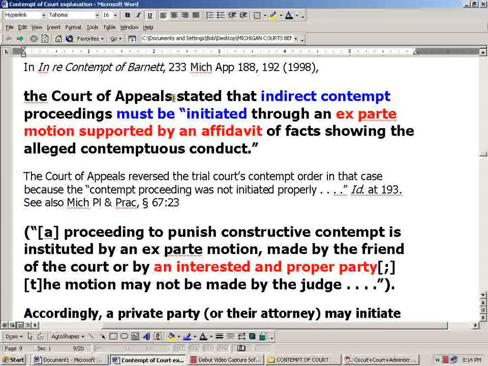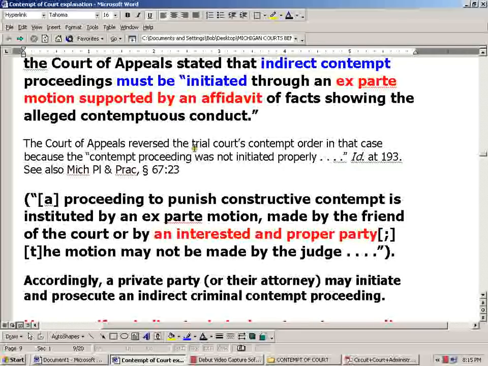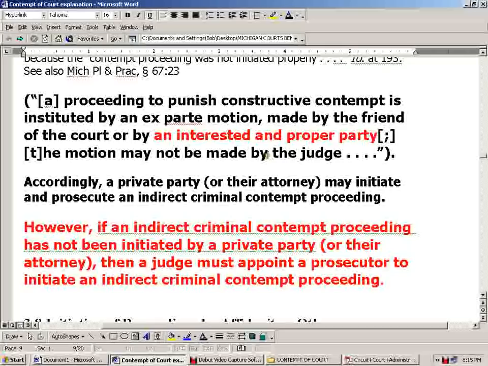The Court of Appeals stated that indirect contempt proceedings must be initiated through an ex parte motion supported by affidavit of facts showing the alleged contemptuous conduct. The Court of Appeals reversed the trial court's contempt order in the case because the contempt proceeding was not initiated properly. A proceeding to punish constructive contempt is instituted by ex parte motion, made by the friend of the court or by an interested and proper party.